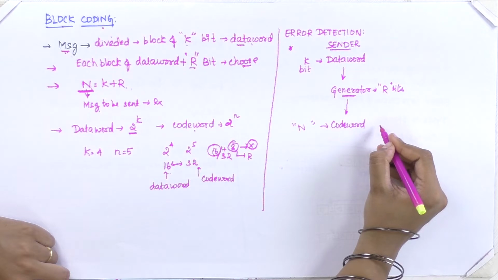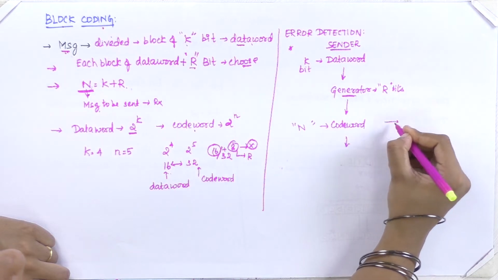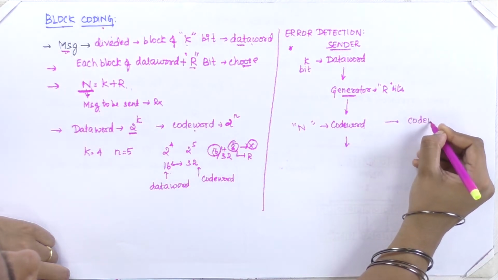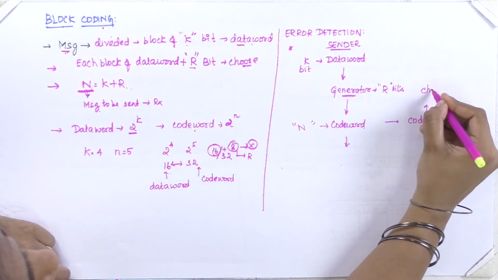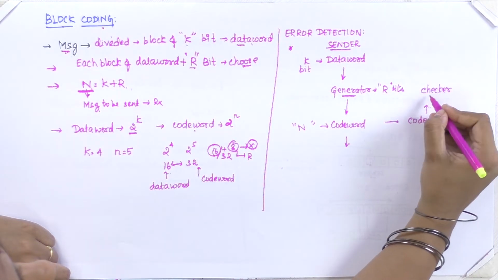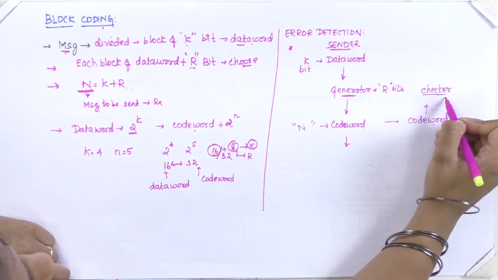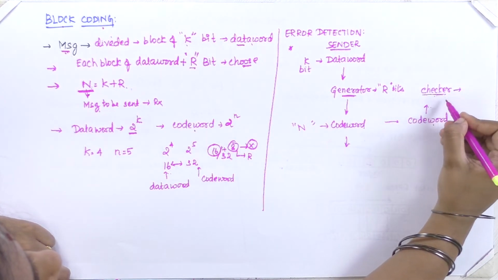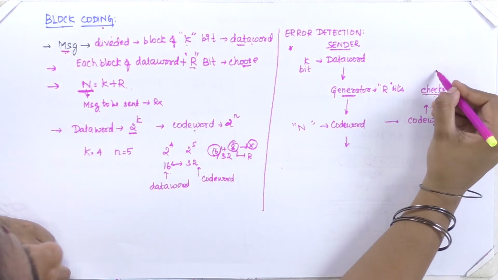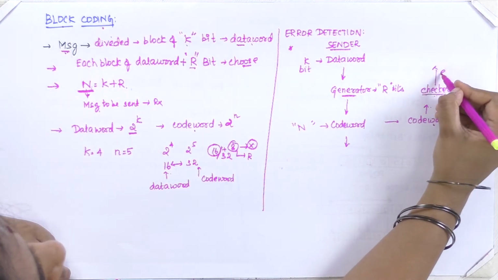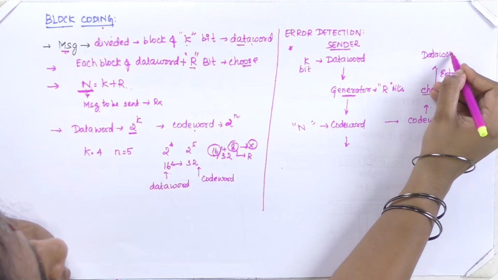So what happens at the receiver side? My code word will reach the receiver. Next, I have a function called the checker function. This tells whether the received code word is correct or not, which means it might discard the code word if it is not original, and if it is valid, it will extract the original data word from this code word.